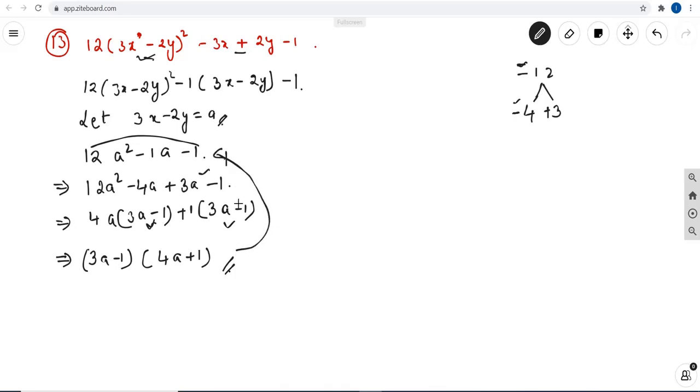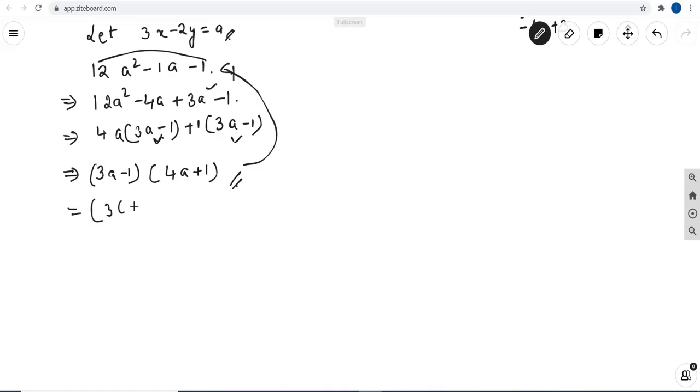Okay. But what we have taken a is equal to 3x minus 2y. So that one I'm going to substitute back here. Okay. This becomes 3x minus 2y, okay, minus 1. Okay, so one more term is 4. Instead of a, I'm going to substitute as 3x minus 2y, close the bracket, plus 1.